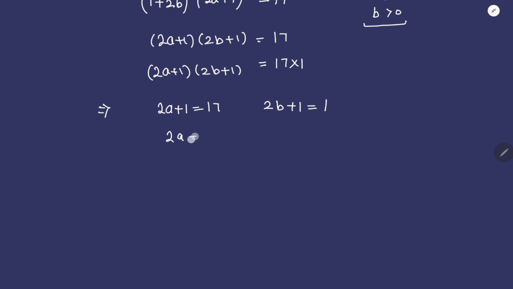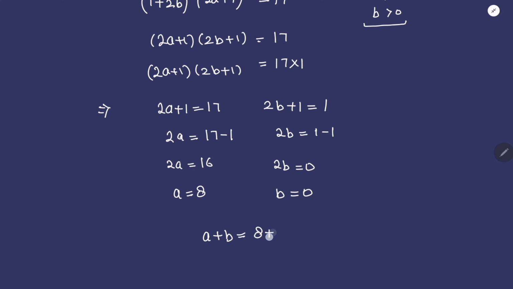So 2a is equal to 17 minus 1, 2a is 16, a is equal to 8, and 2b is equal to 1 minus 1, 2b is 0, b is 0. So what is a plus b? A plus b is 8 plus 0, that is 8, right? So a plus b is 8.